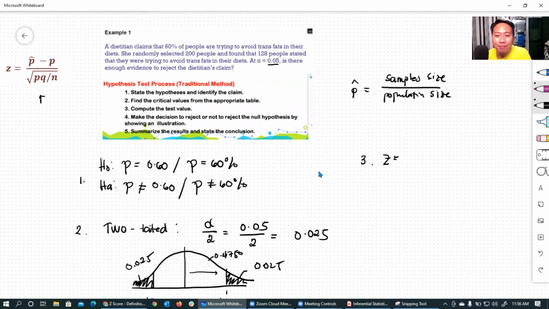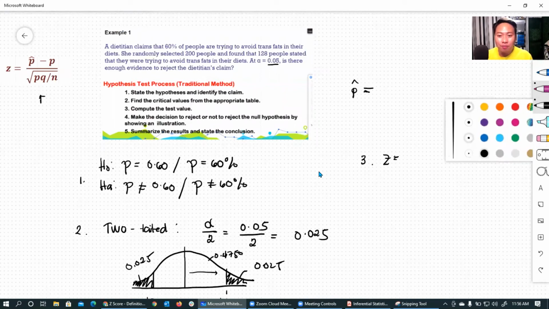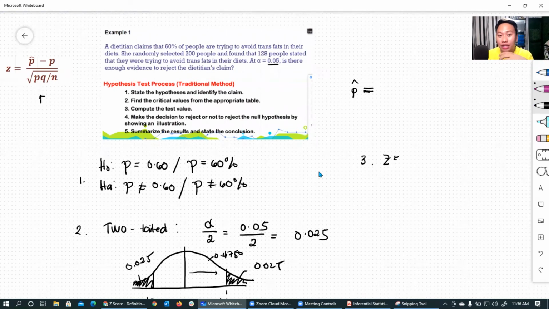What is the sample size? 128, right? How do I label this? The numerator of your P hat is the number of those who confirmed or took that 60%.